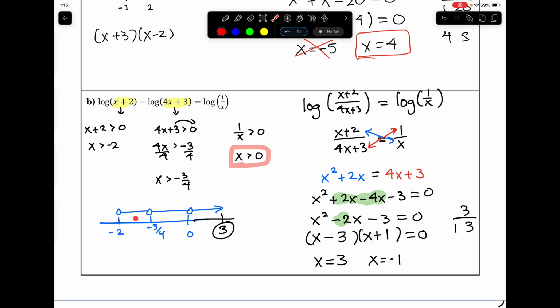Negative 1 would be found here, and that doesn't satisfy everything. Our answers need to be to the right of all of these values, and 3 satisfies that. So negative 1 is an extraneous solution, and 3 is the solution to this equation. x would have to equal positive 3 in order to get this to equal that.